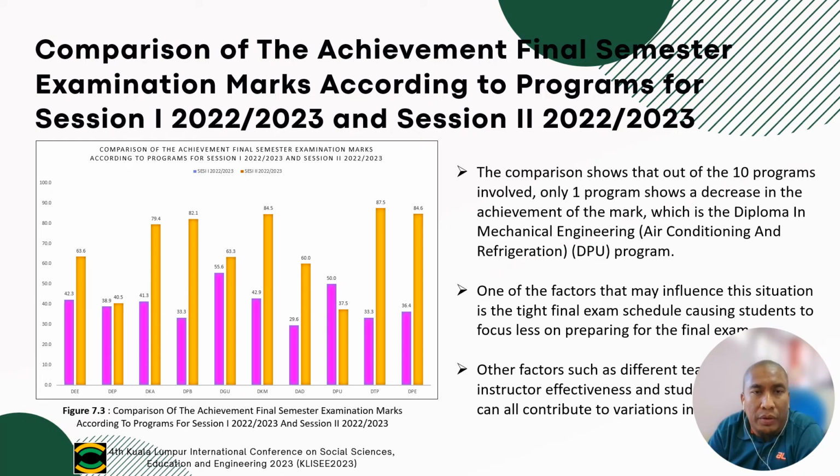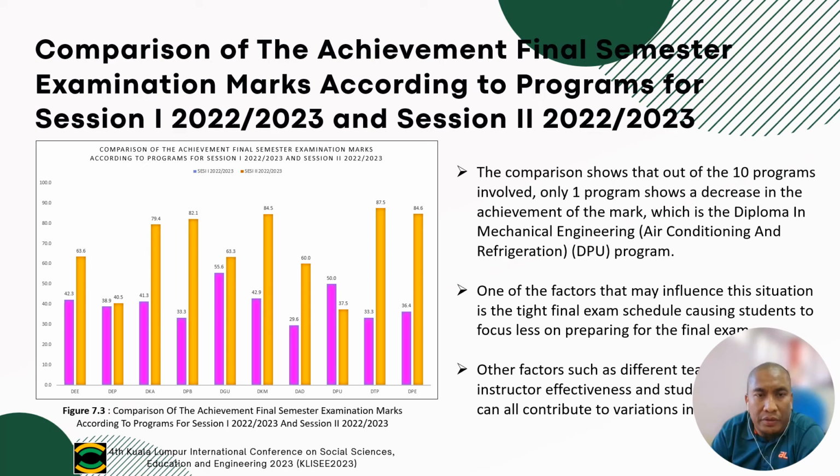Figure 7.3 comparison shows that out of the 10 programs involved, only one program shows a decrease in the achievement of the mark, which is the diploma in mechanical engineering, air conditioning and refrigeration program. One of the factors that influence this situation is the tight final exam schedule, causing students to focus less on preparing for the final exam.